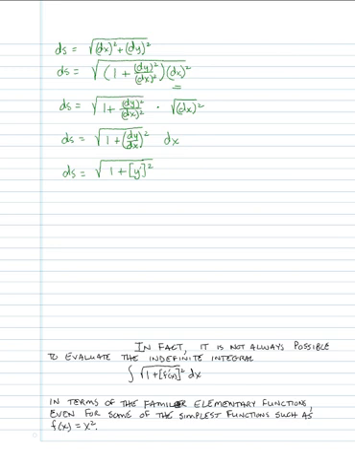So here we have the square root of 1 plus y prime, the quantity squared, dx. Or, if our function is written in functional form, then ds would be the square root of 1 plus the derivative of f squared dx.